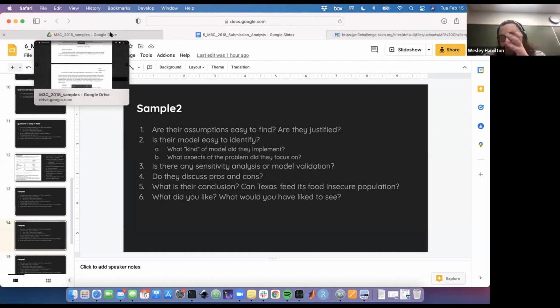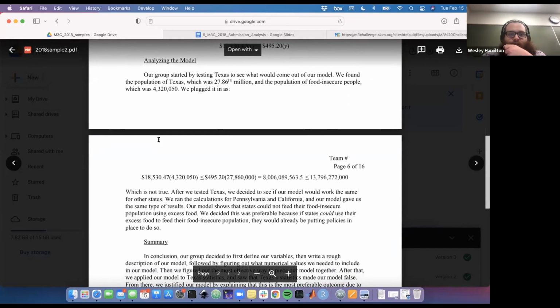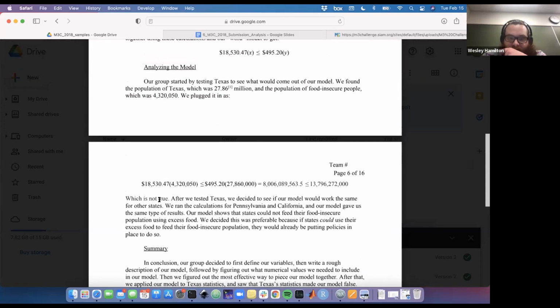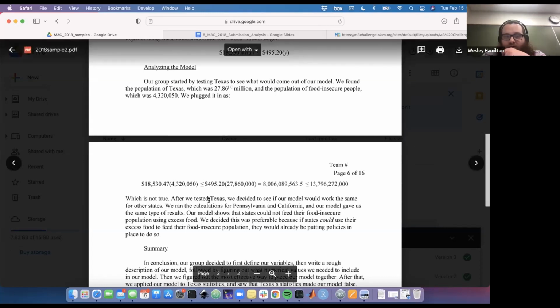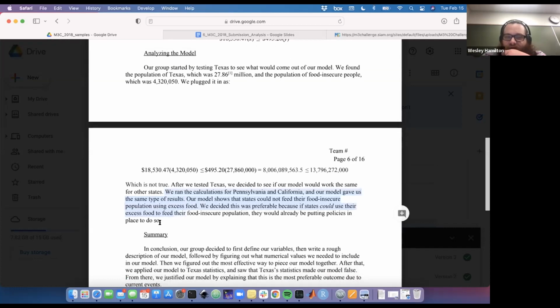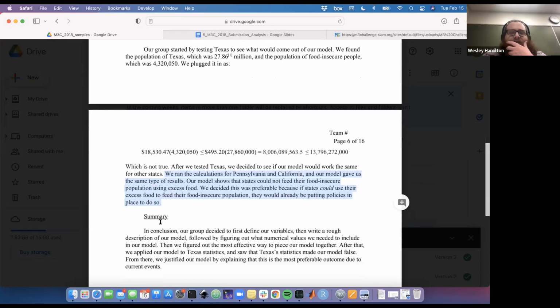Okay. Well, so let's take another look, right? They say, sure, they decide to see if their model would work for some other states, ran the calculations for Pennsylvania and California, model gave the same type of results. So I wouldn't necessarily say this is any sort of sensitivity analysis, but it's using the same model and, right, they're set up in different contexts.